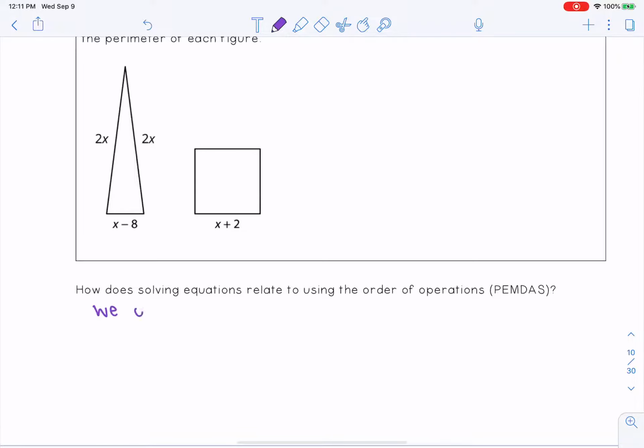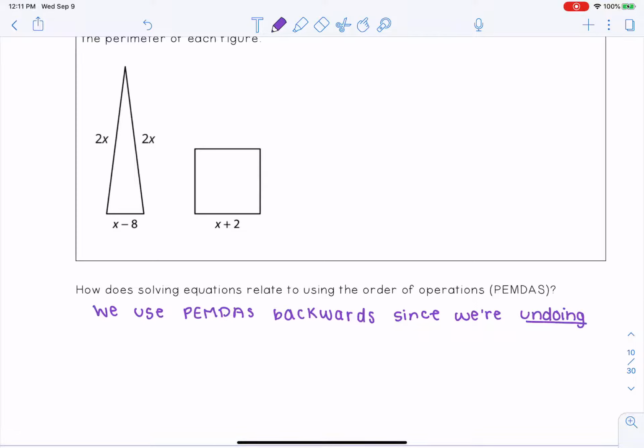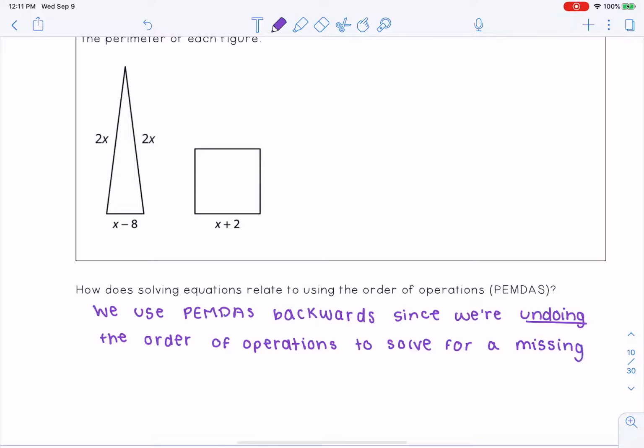So we use PEMDAS backwards, since we're undoing the order of operations to solve for a missing variable or value.